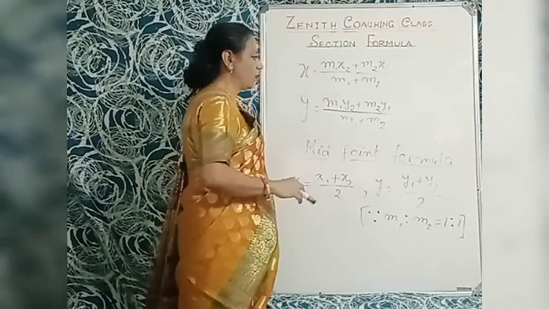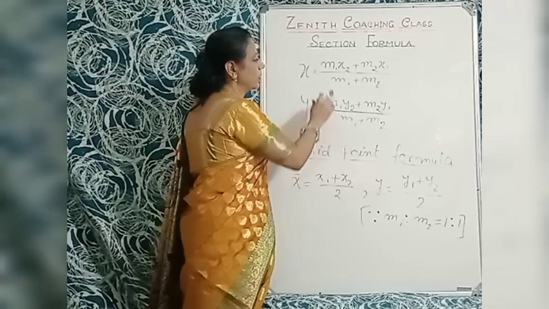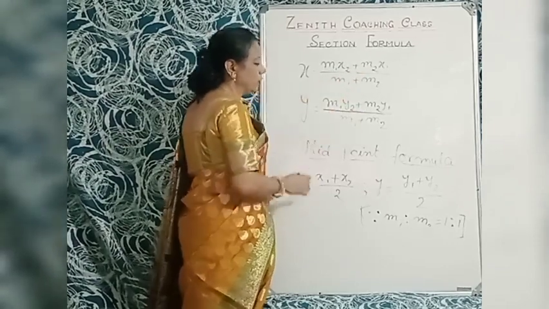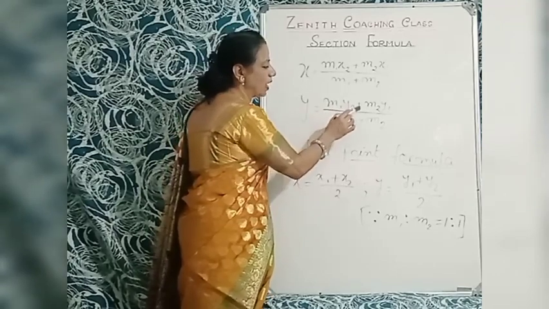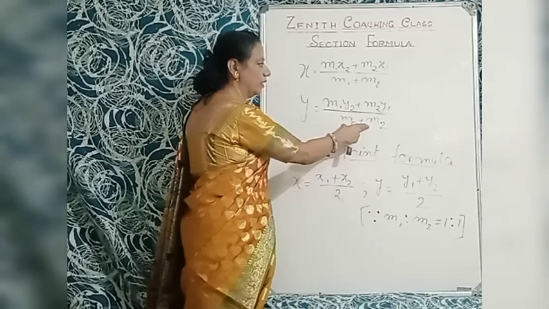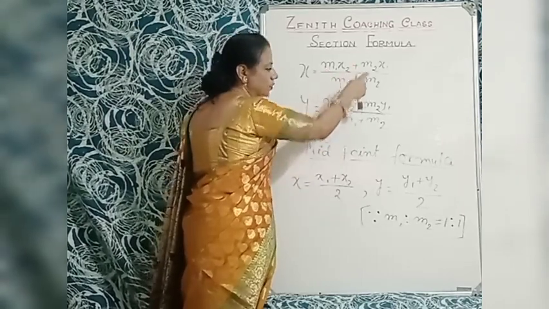Just see the formula. And y equals to (m1 y2 plus m2 y1) by (m1 plus m2). Here m1 plus m2 is common. Here is m1, m1; here is m2, m2.